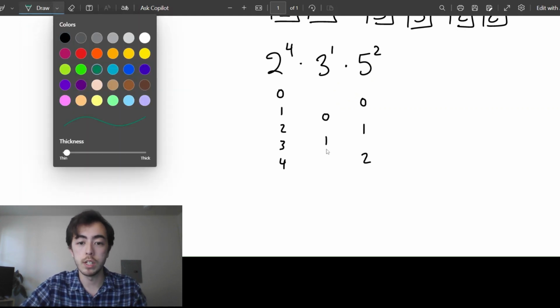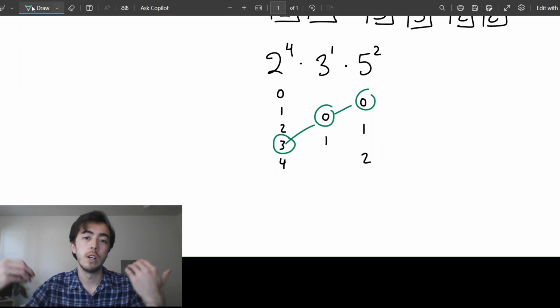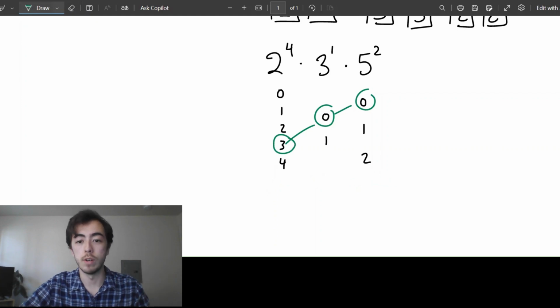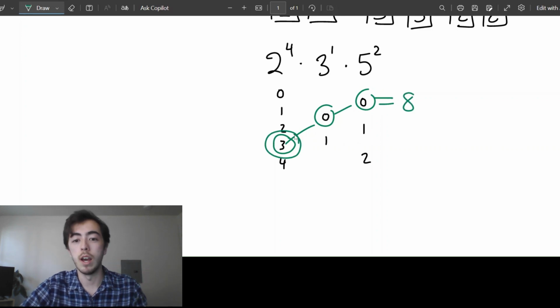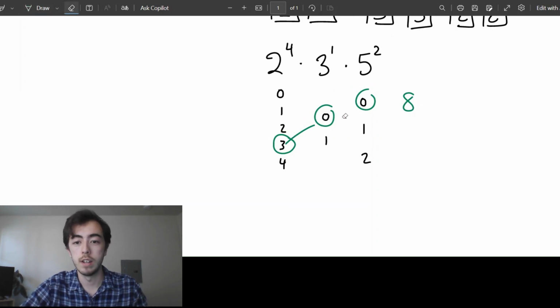So when I pick a number of 2s, a number of 3s, and an amount of 5s, this tells me that I have found another unique factor of 1,200. In this case, this would represent 8, because I'm doing 2 times 2 times 2, and then no 3s and no 5s. And so this number 8 is yet another factor of 1,200.